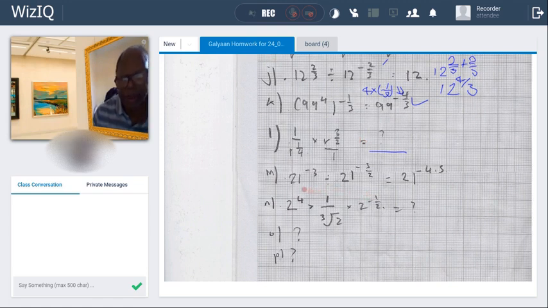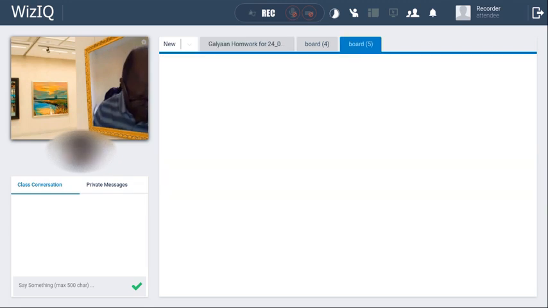Okay, so this one here is 21 to power minus 3 and 21 to power minus half. No, 3 over 2. This is M. Okay, so let's see. M is 21 to power minus 3 divided by 21 to power minus 3 over 2. So this is going to be 21 to power 3 minus 3 over 2.